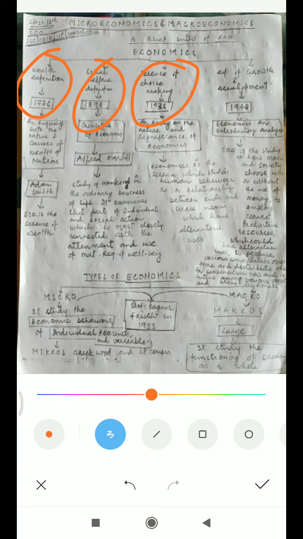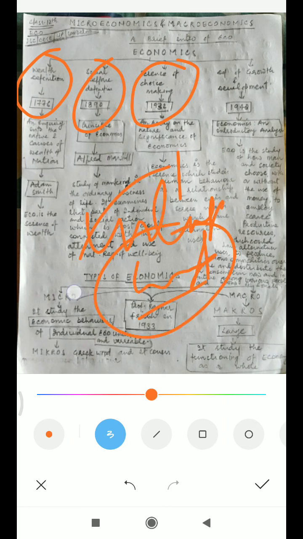Economics talks about unlimited ends. Unlimited ends means the wants of any person are unlimited. No man is satisfied with one want.